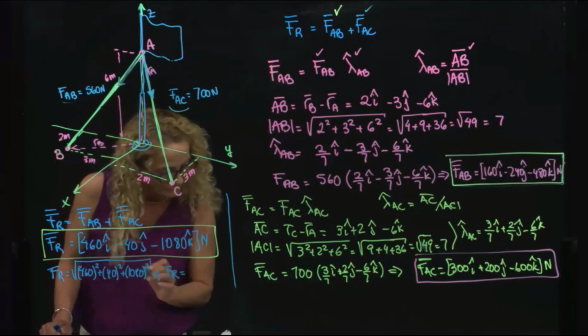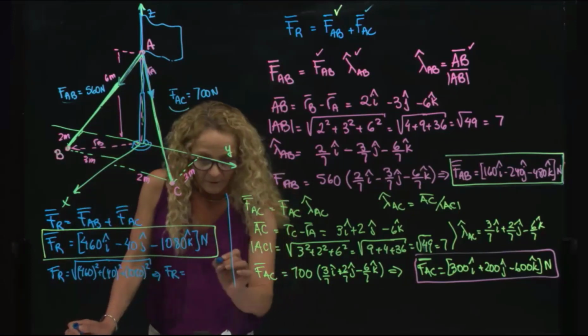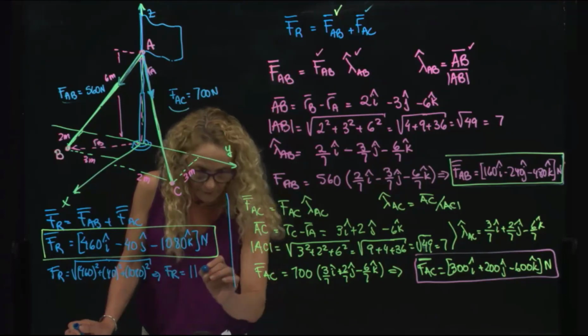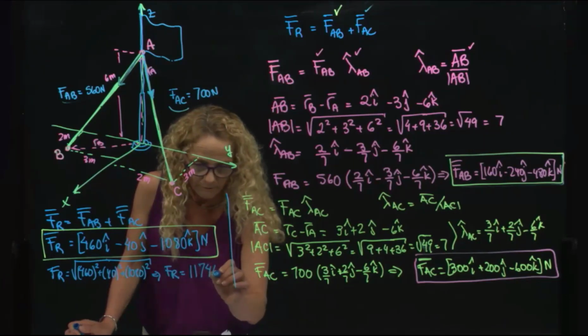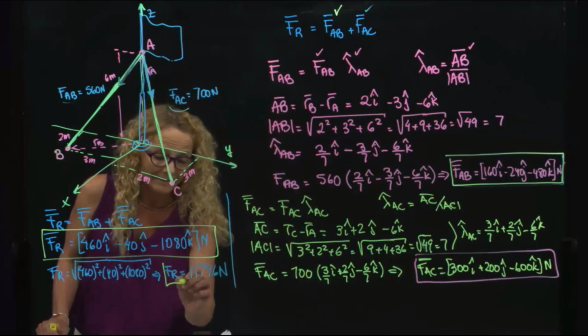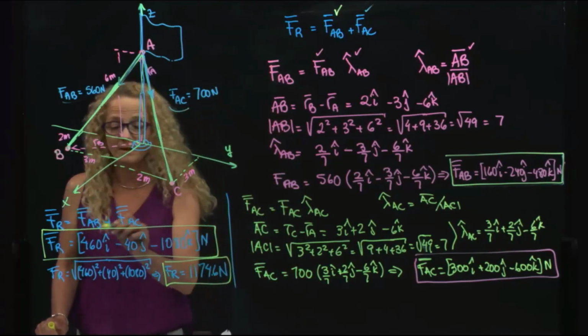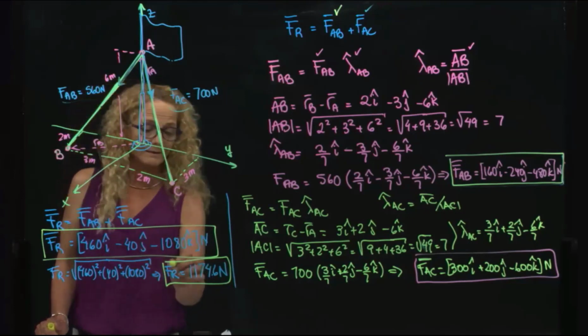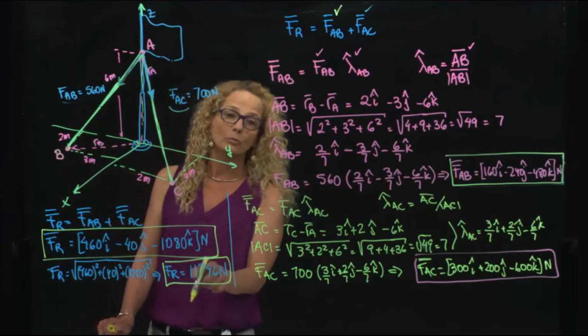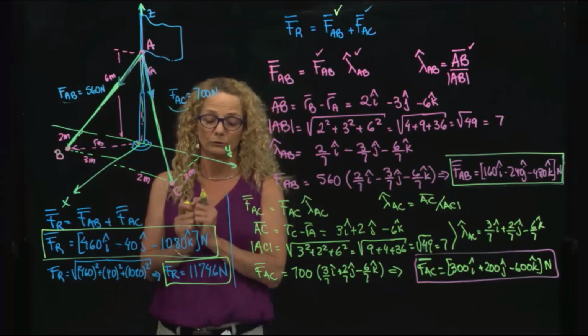And that gives me a value of 1074.6 newtons. This is the magnitude. This is a scalar. Remember, this is a vector, and this is a scalar. So this has 3 components, and this is just 1 component. This is just a magnitude.